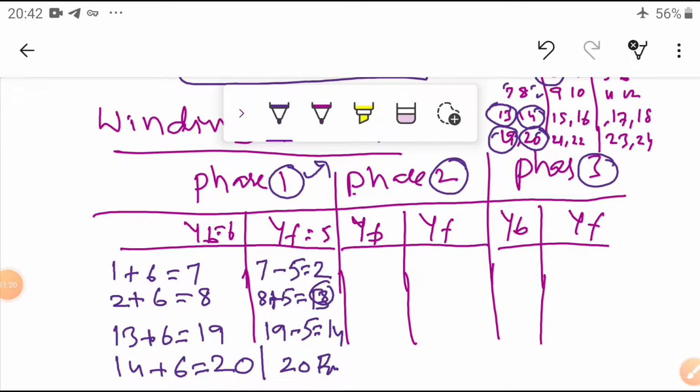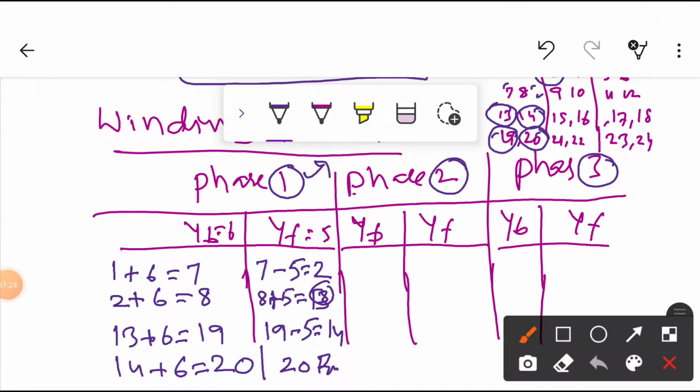So, you can see here, dear students, what slots we have. First, slots 1 and 2 are completed. Okay, so 1 and 7 are completed. Next, 2 is also completed and 8 is also completed.